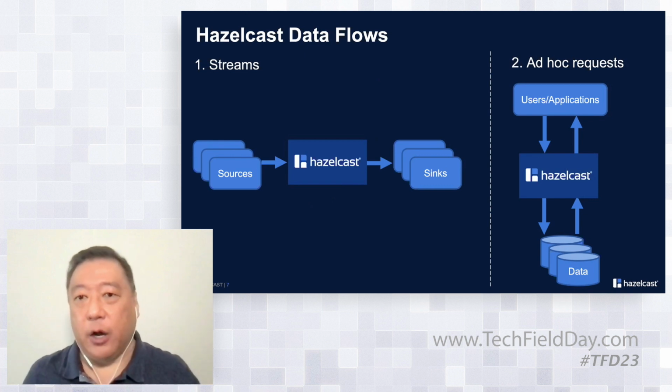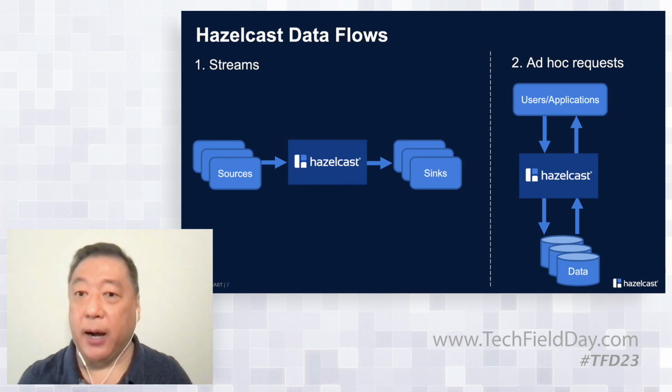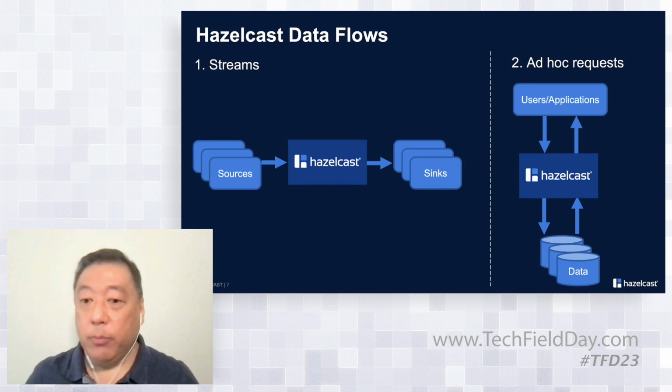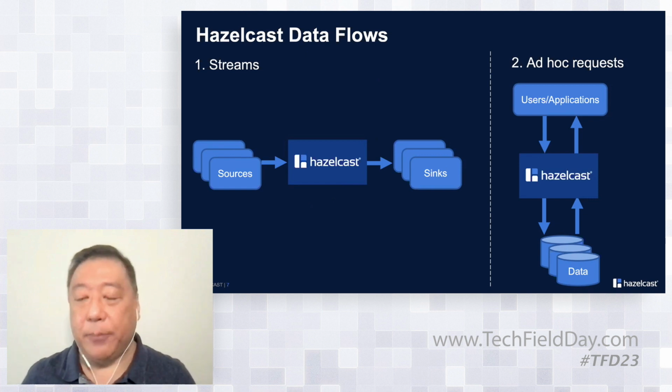And there's another data flow that deals with ad hoc requests, commonly known as the request-response paradigm, where a user or an application will submit a request. Hazelcast will get that request, do some type of processing, generally using data from a system of record, and then give an answer. If you simplify this to its basics, a cache is a perfect example of that, where you might just be moving data from your original source, storing it in memory, and delivering it to the end user application.